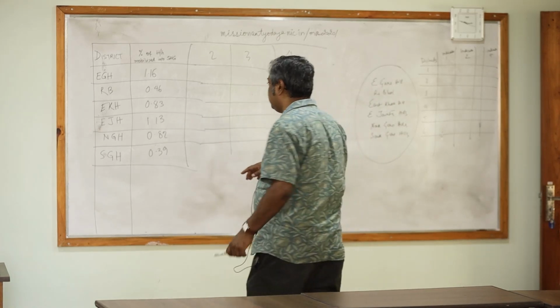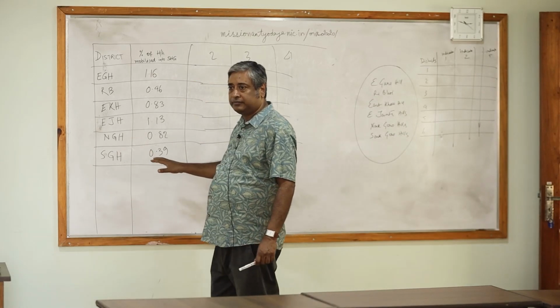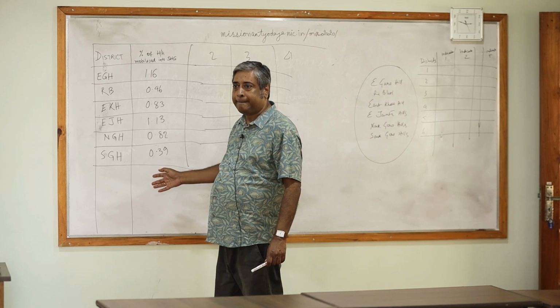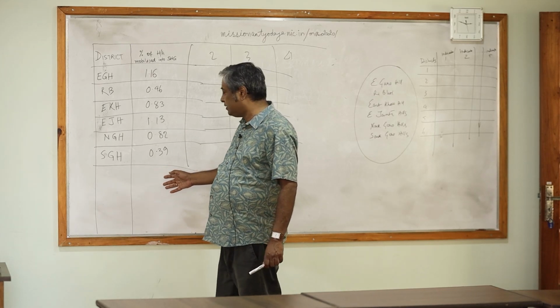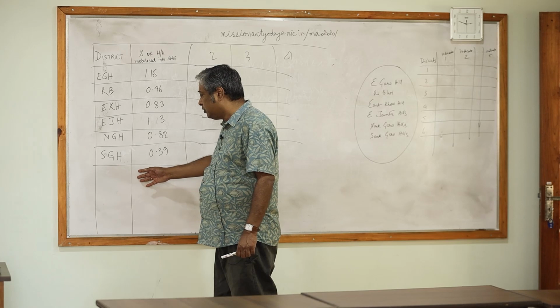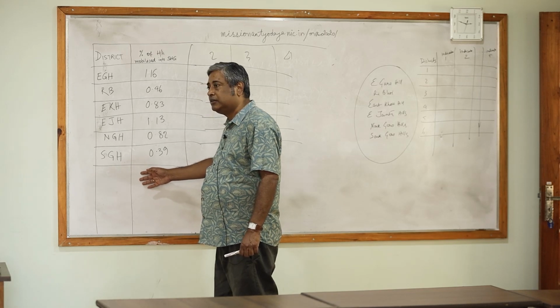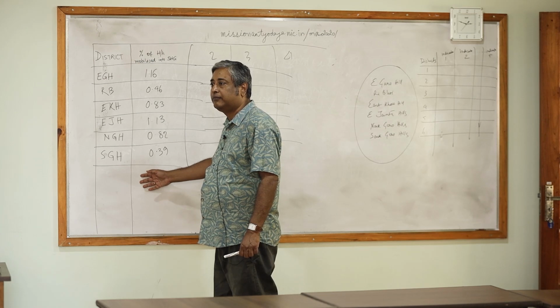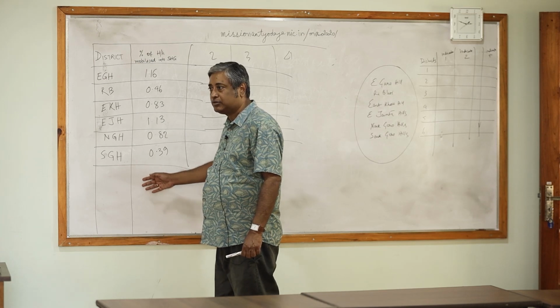Go to any cell. Suppose this is the Excel sheet. Should we do it on the projector? Do it on the projector. Just below here, put an equal to sign. Equal to sign.